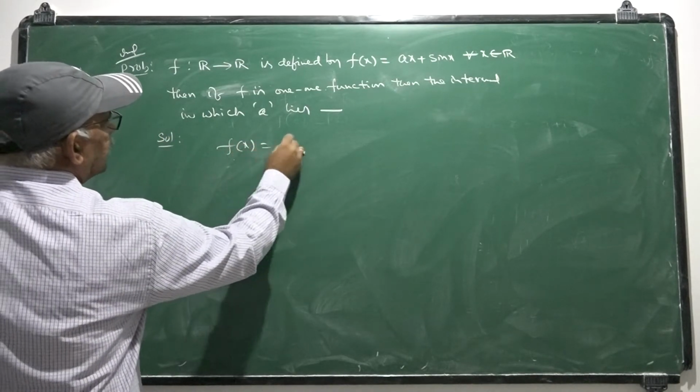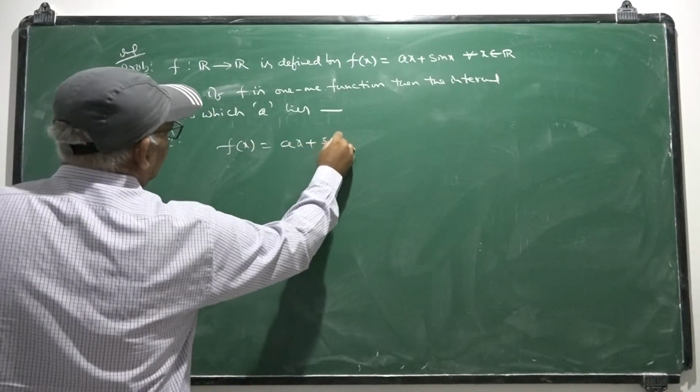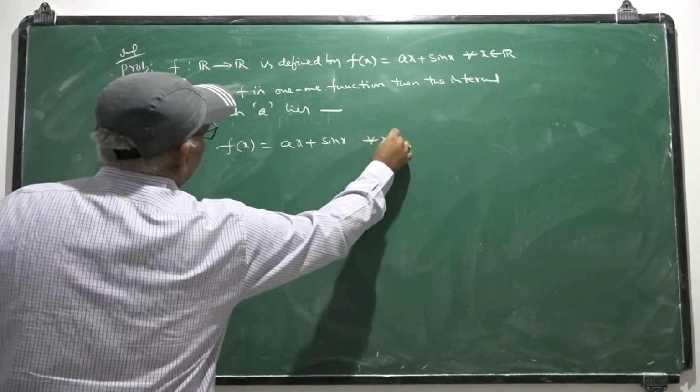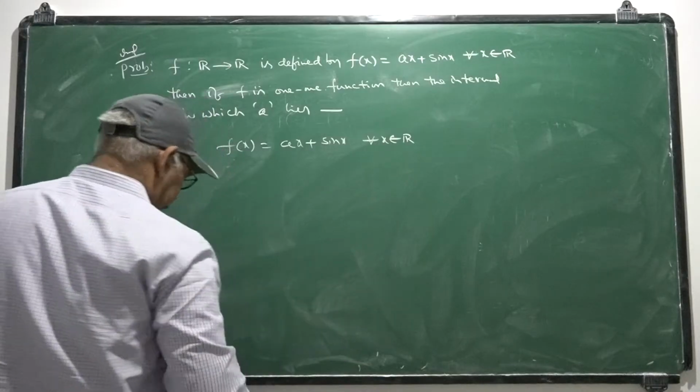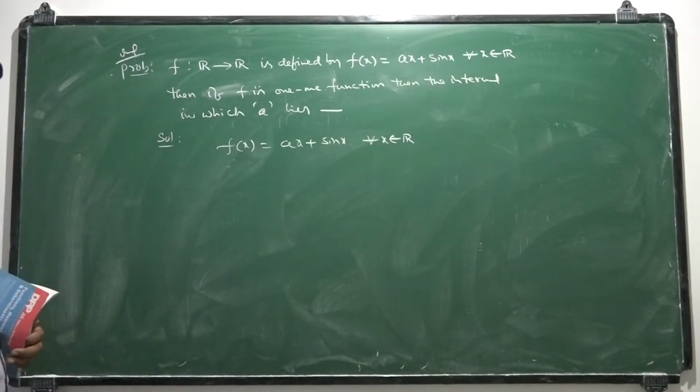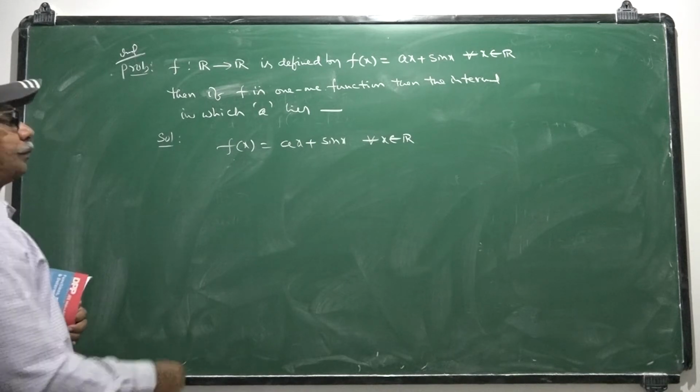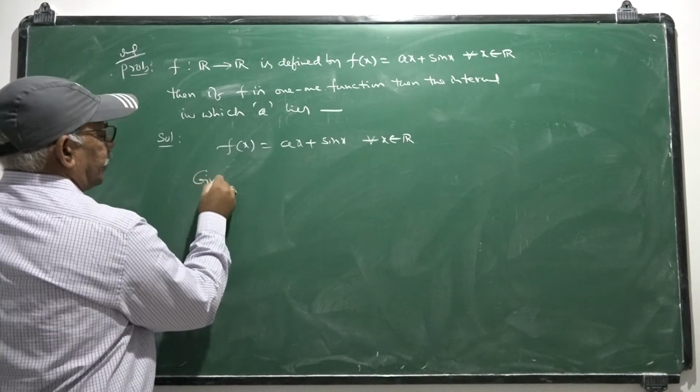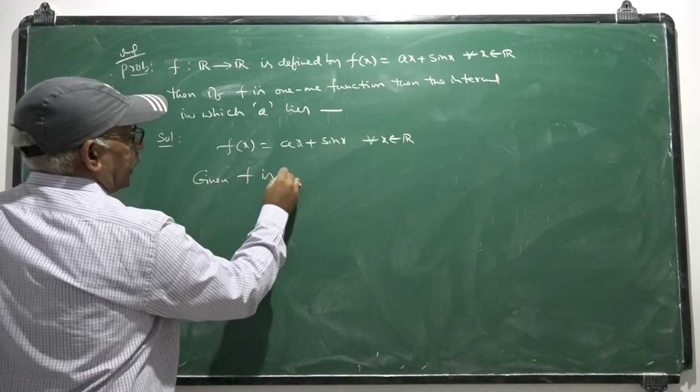f(x) is given as ax plus sin x for all x that belongs to R. Given f is one-one.